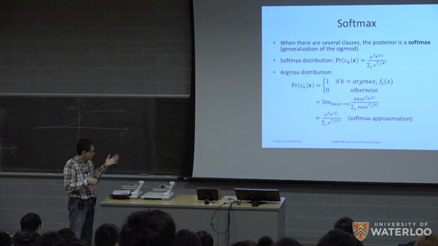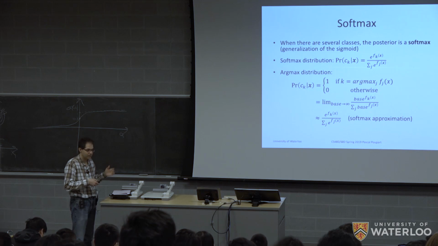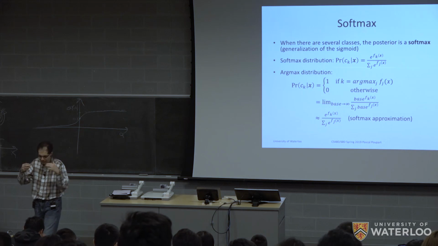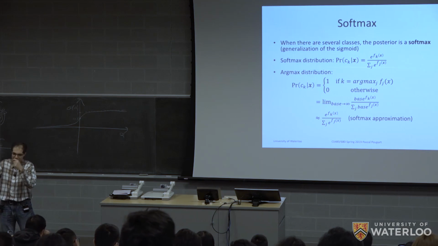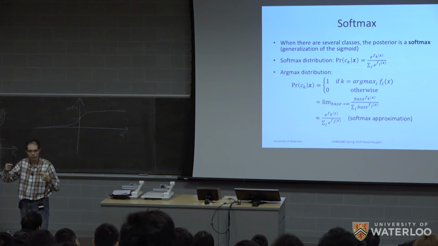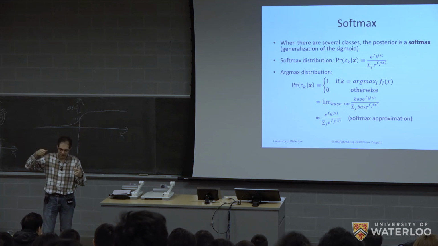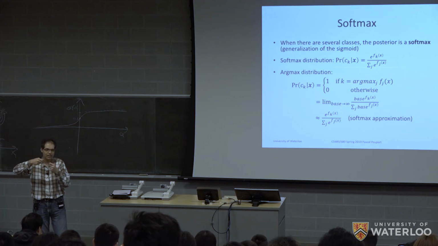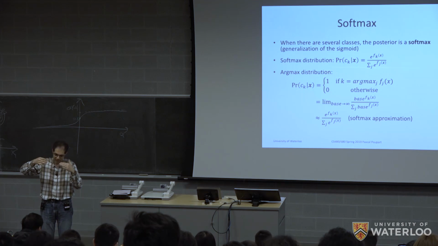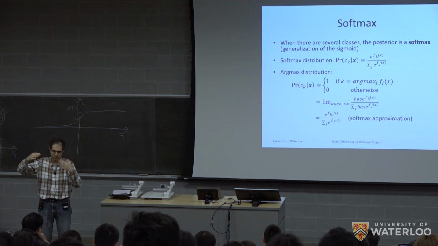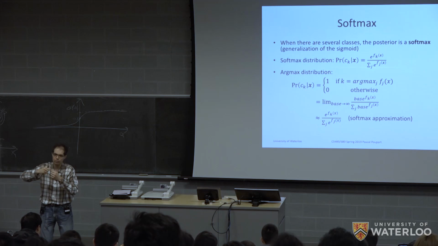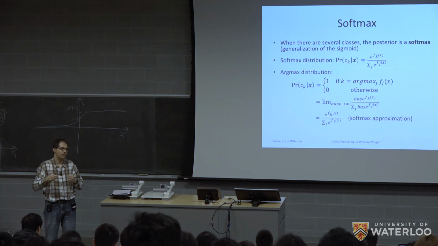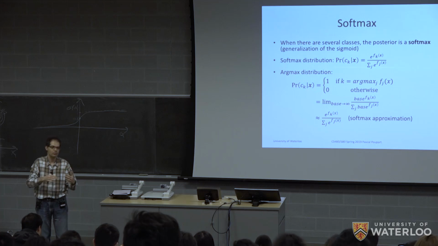And then at the bottom, I just divide by the sum of the base raised to the function for every class. The idea is that when we raise the base to the exponent corresponding to the function, whichever function has the highest value, its value would just increase dramatically in comparison to the other functions that are smaller.